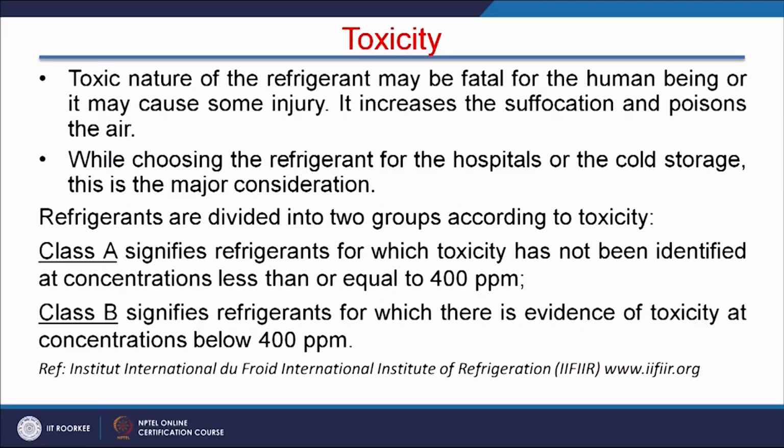Now, toxicity classes are 2 classes, class A and class B. A signifies the refrigerant for which toxicity has not been identified at a concentration less than or equal to 400 ppm. If there is no toxicity at a concentration of less than 400 ppm, then it is class A. And class B signifies refrigerant for which there is evidence of toxicity at concentration below 400 ppm. So, 400 ppm is the borderline.